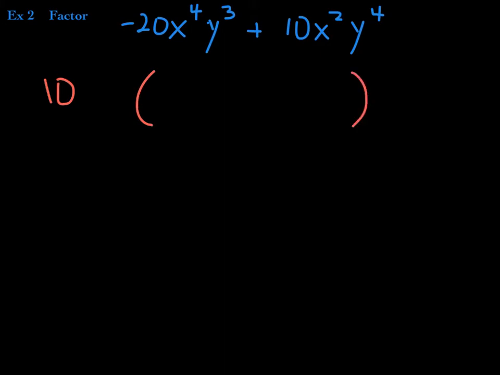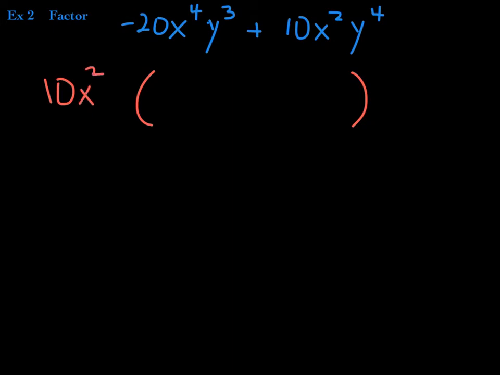I always try to leave some room for the variables. Now look at your x's here. You have x to the fourth and x squared. The greatest number of x's that they have in common is x squared. I don't know if you notice the pattern, it's the smaller of the two exponents. This is x to the fourth, x squared, go with the smallest exponent. That's a little shortcut.